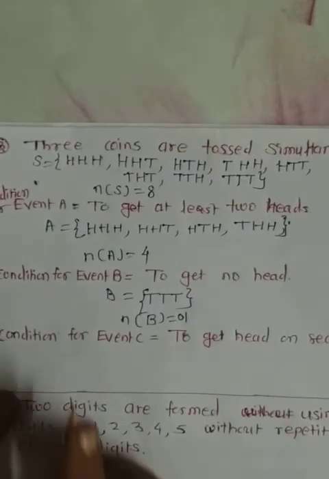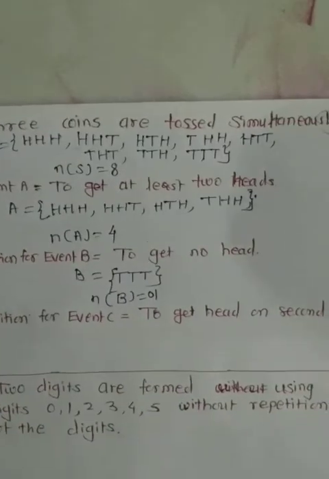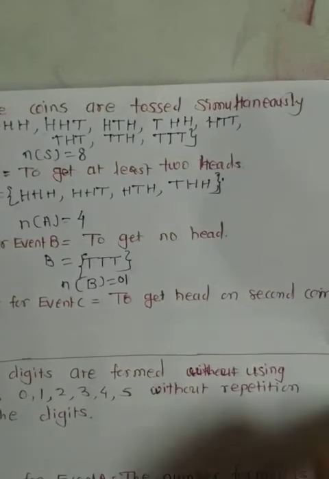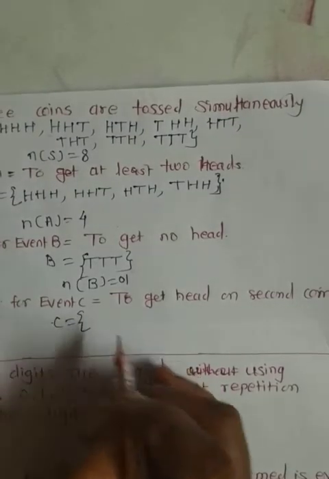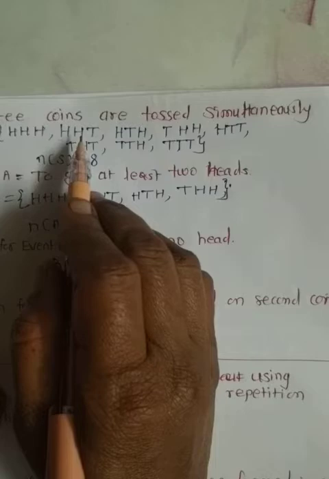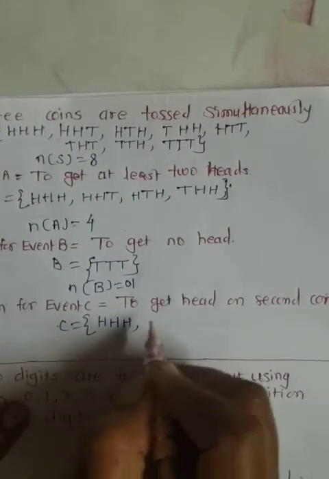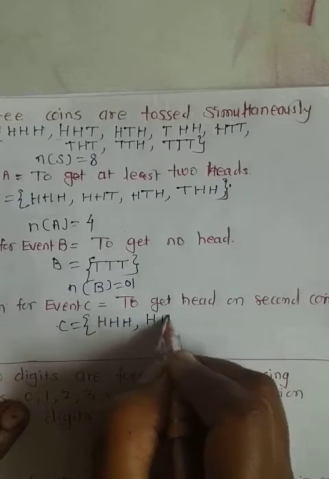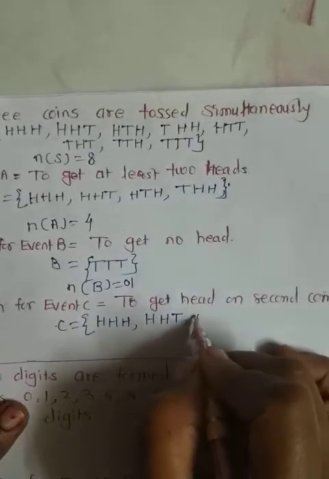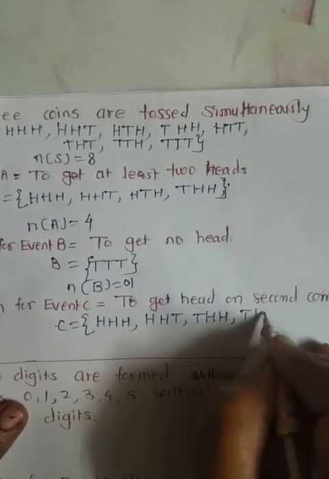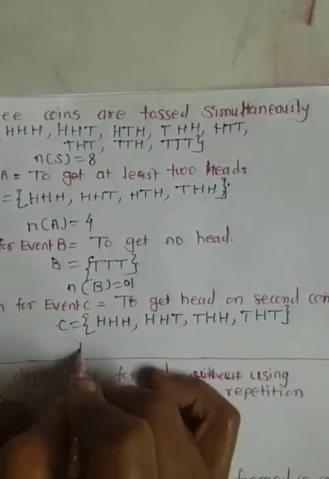Next one, condition for event C, to get head on second coin. C is equal to head on second coin, means at center there will be H. We have HHT, next this THH, next one, that is THT, because we want H on second coin.